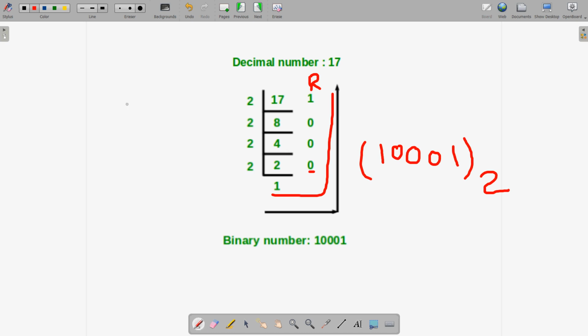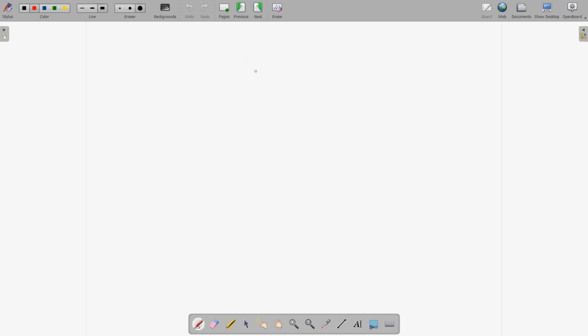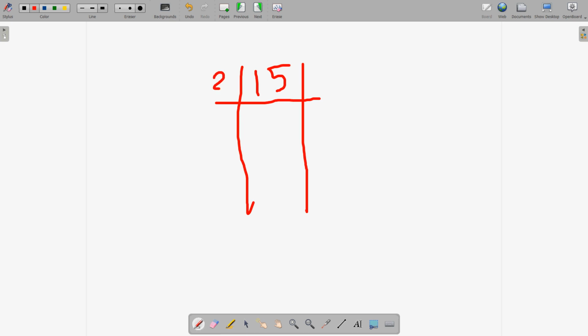For example, suppose let us take 15. Okay, let me take a blank page. So here I am taking example 15. What do we have to do? We have to do successive division, converting this decimal to binary. So let us divide by 2, because we are converting decimal to binary.